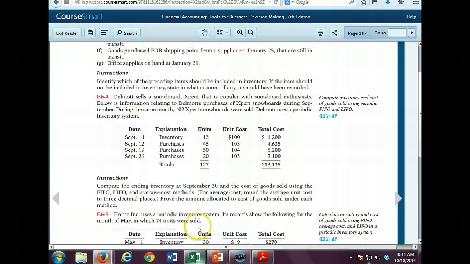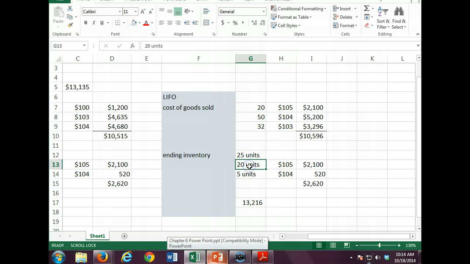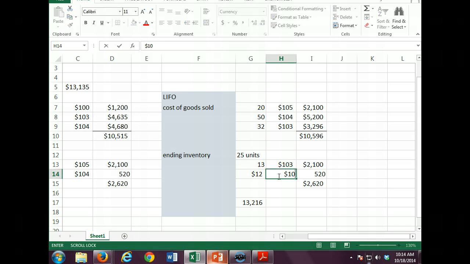Then the ending inventory of 25 units is going to be the 13 units at 103 and the 12 units at 100.